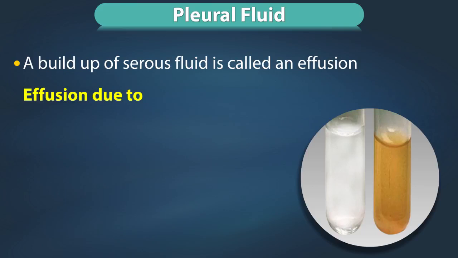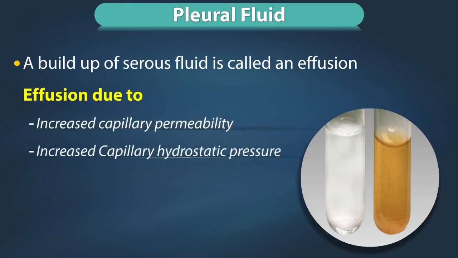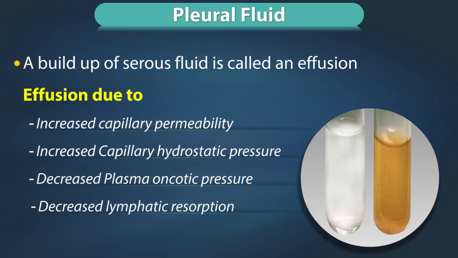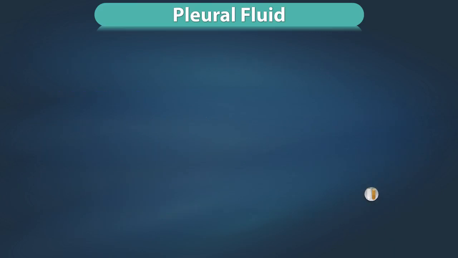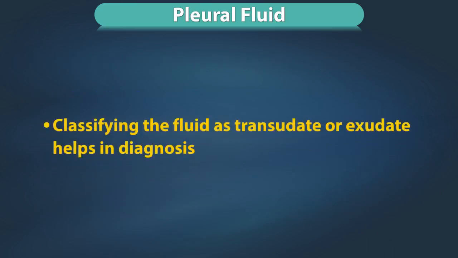The effusion could be due to increased capillary permeability, increased capillary hydrostatic pressure, decreased plasma oncotic pressure, or decreased lymphatic reabsorption. Classifying the fluid as transudate or exudate helps in diagnosis.